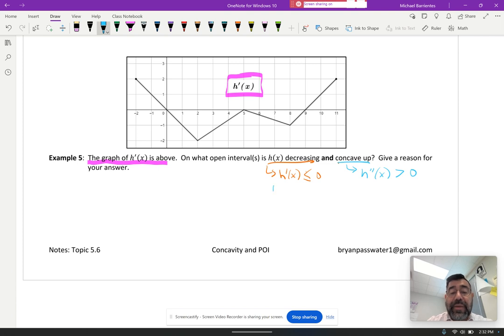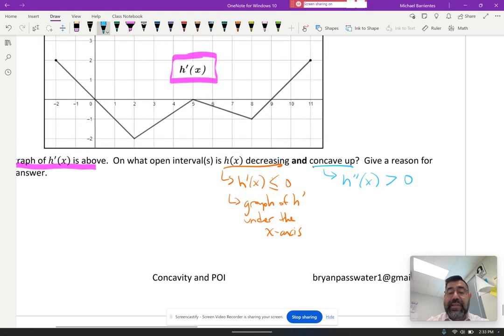So then here, I guess we can say, when is the graph of h prime under the x-axis? And then here, I can say, when are the slopes of h prime positive? Because if I can figure out where these two things are happening at the same time, that's the answer that they want. Okay, so here we go.